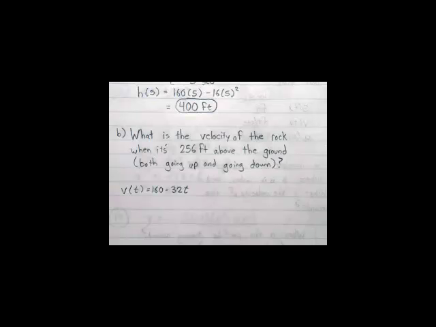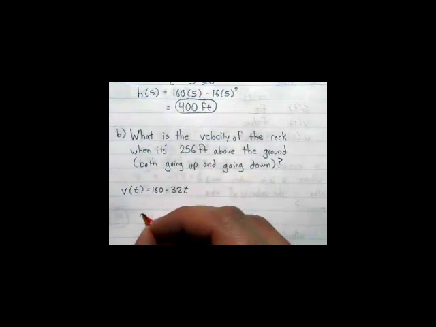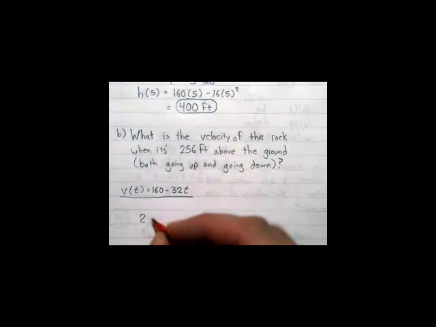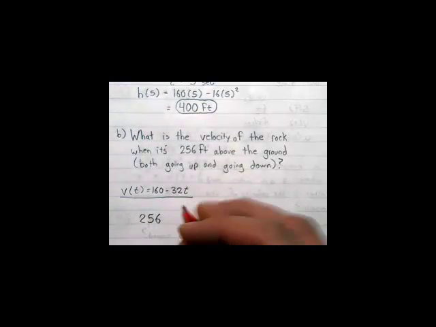A distance, a height, right? So I need to take this height and convert it into a time. So I'm going to have to go back to my original equation, right? The height equation to do that. So I want to know what's the time when the height is 256. So I'm going to come back to this velocity one, but I need to solve this first.